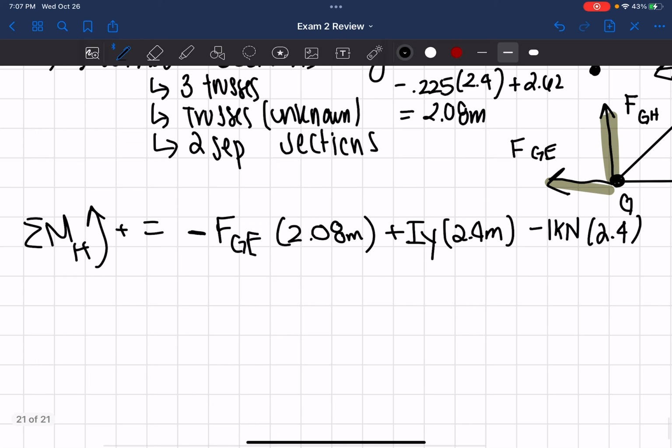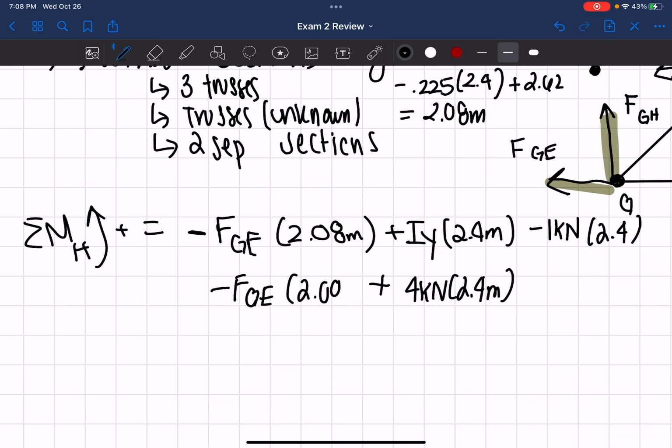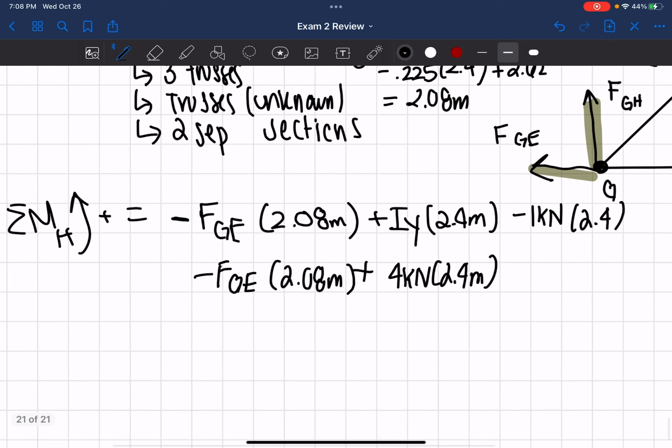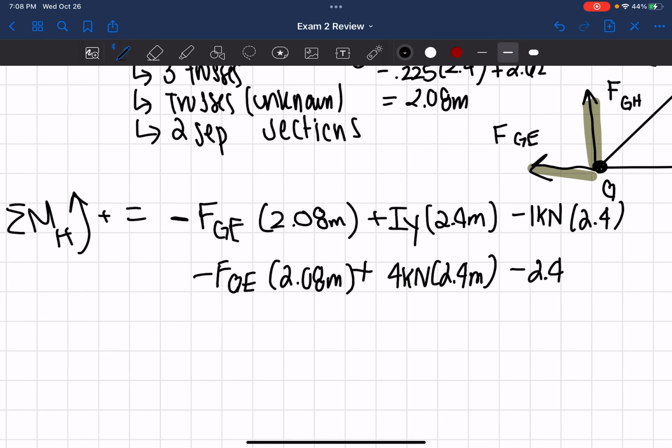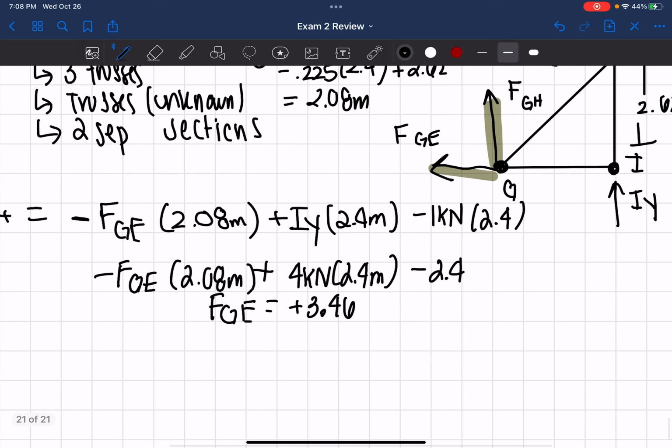Then we plug 4 in, kilonewtons, 2.4, because we previously solved for IY. And then we get F of GE is equal to positive 3.46.